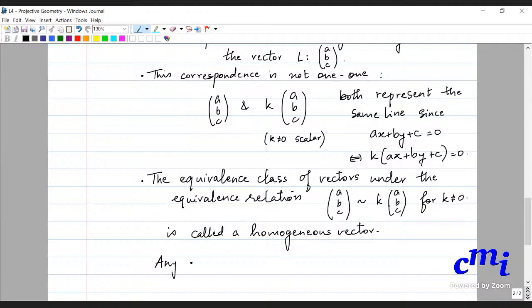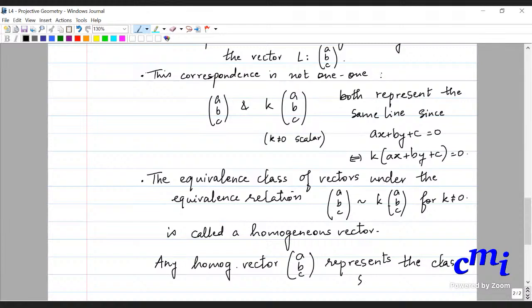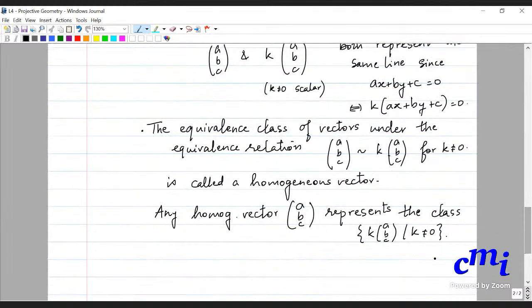Any homogeneous vector abc will represent its entire equivalence class, the set of all k times abc, where k is non-zero. What does this mean?